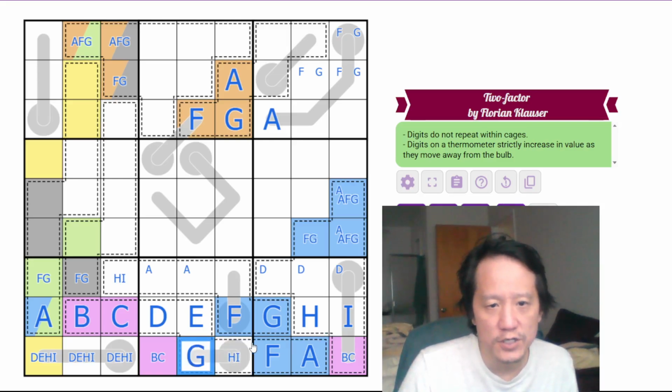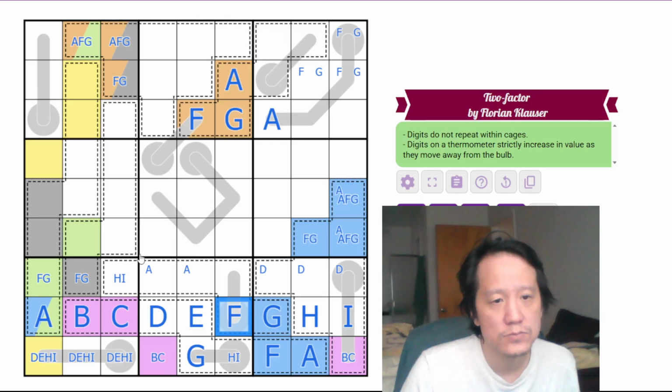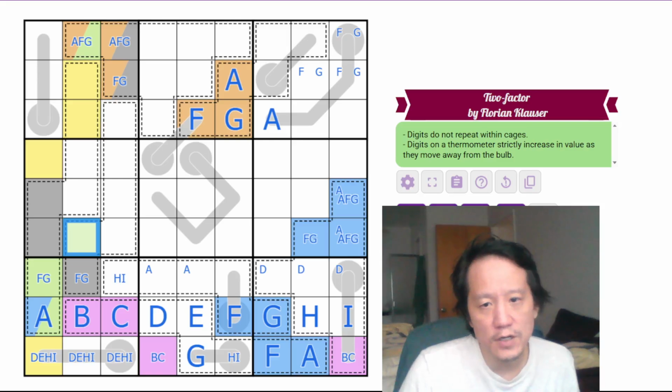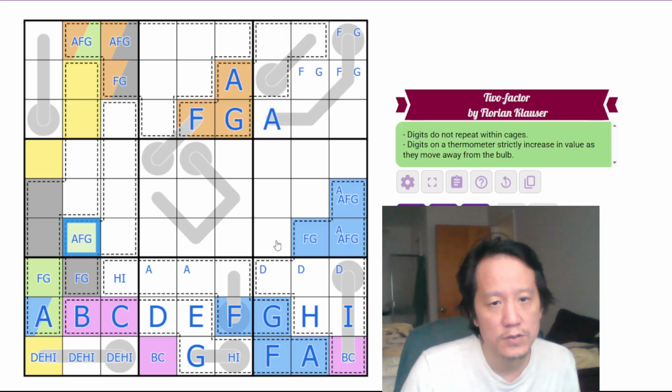Therefore, this is G here. So this is A, F, or G, which means this cannot be the A, F, or G here, so it must match this one. So this is F or G.